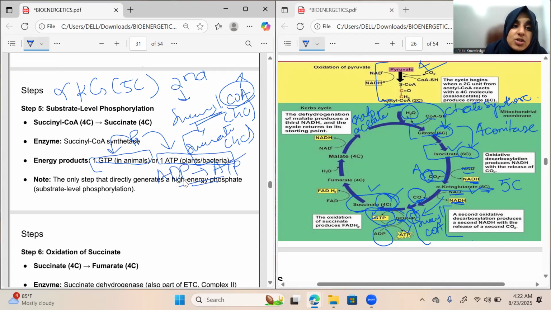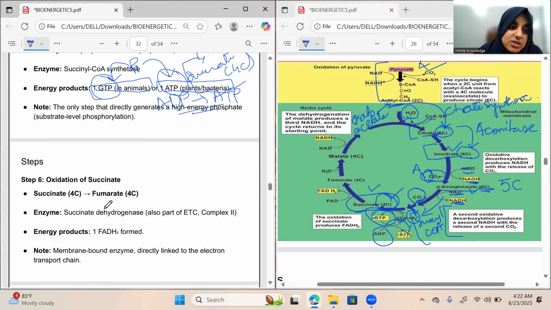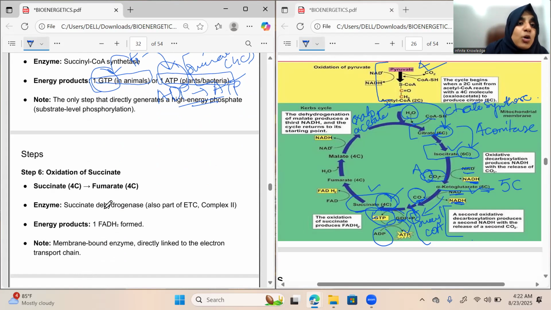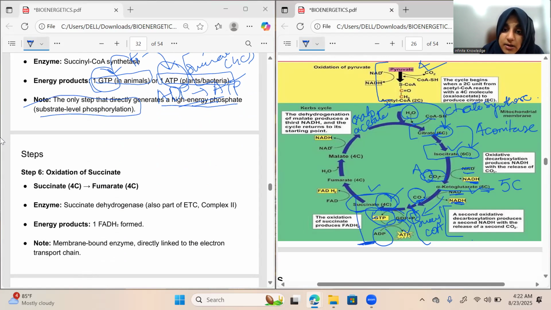So in humans or animals, GTP is formed, whereas in plants, ATP is formed. So this is a highly important point from your MCQ point of view. The only step that directly generates a high energy phosphate is known as substrate level phosphorylation. This step is known as substrate level phosphorylation.